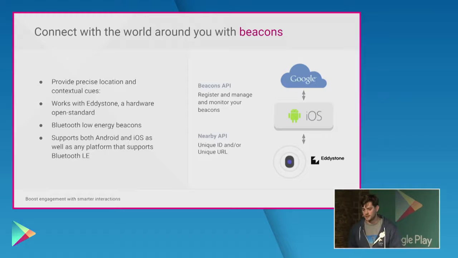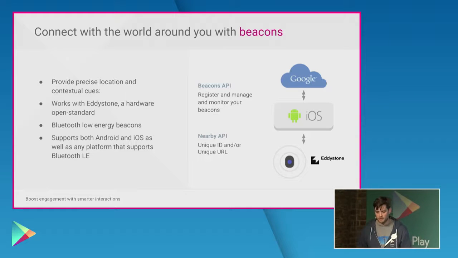The way that Google helps you with this kind of interaction is we have the Google Beacon platform, and it's comprised basically of three parts. You've got the low-cost beacon devices that have to comply with our hardware specifications, so that we know that they will work with our APIs.